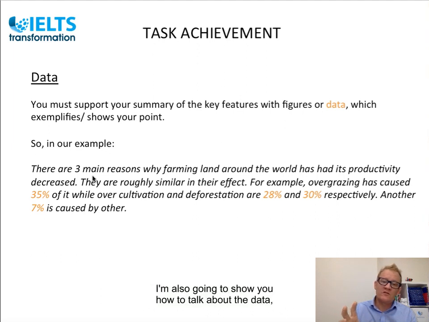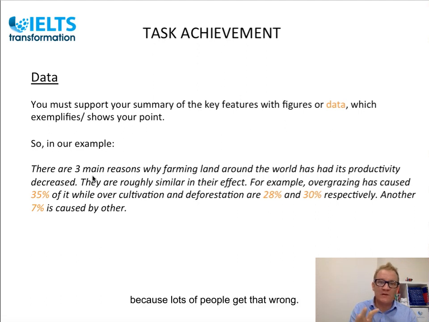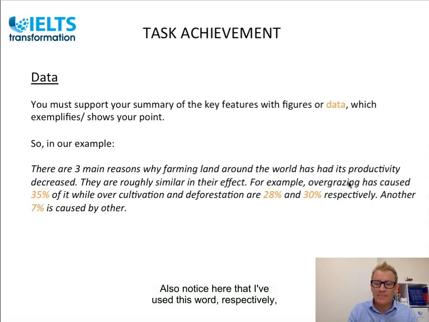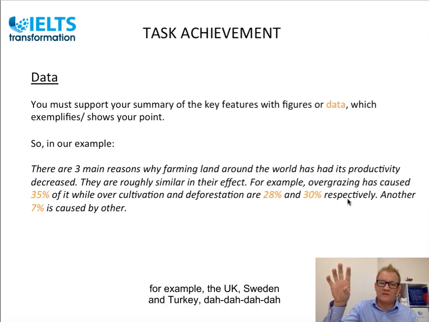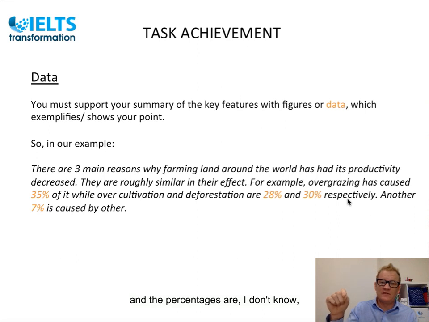I'm also going to show you how to talk about the data, because lots of people get that wrong. Also notice here that I've used this word respectively. We use this when we make a list. So for example, you could have a list of 3 countries, for example, the UK, Sweden and Turkey, and the percentages are 50, 40 and 30% respectively.